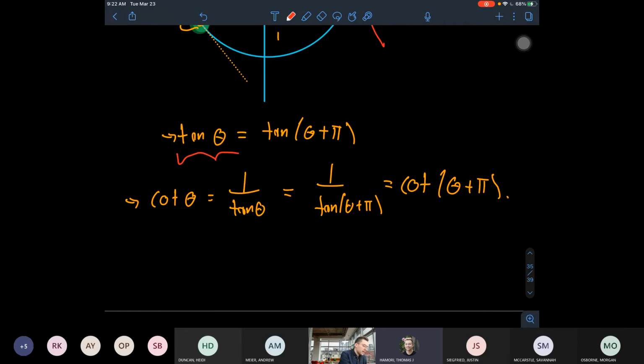So we have the property that tan theta is equal to tan of theta plus pi. So if we do 1 over tan theta, that's going to be equal to 1 over tan of theta plus pi. So we get that cotangent of theta is equal to cotangent of theta plus pi.